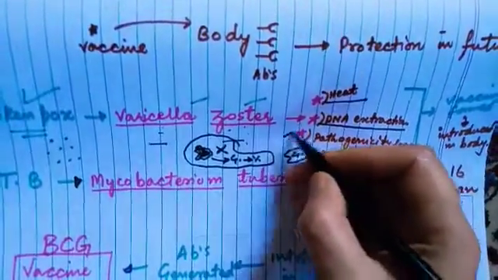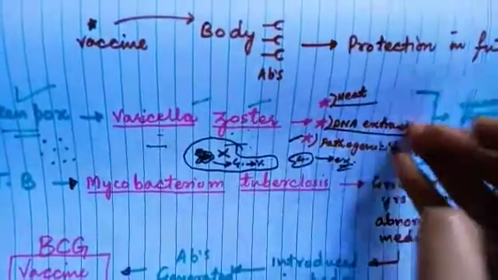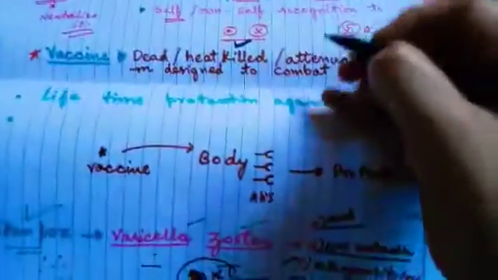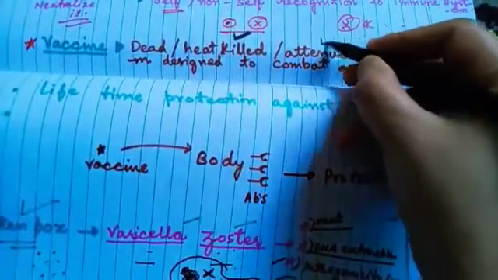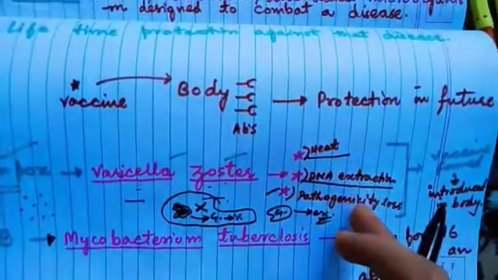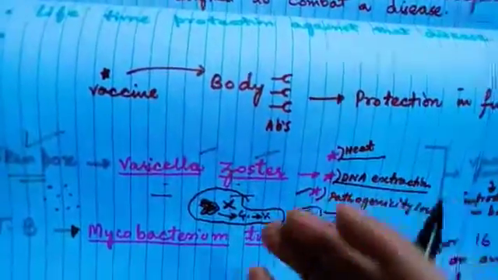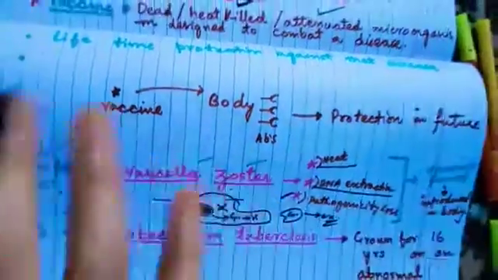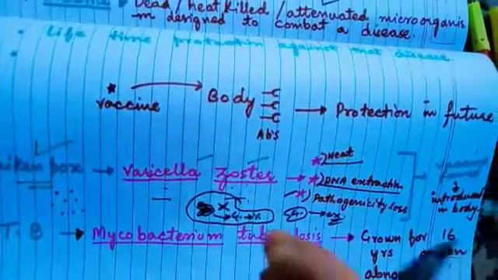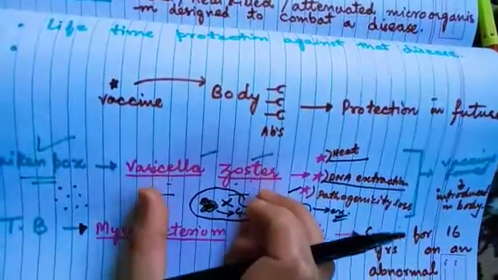Then the third: if we do not use these two methods, we go to pathogenicity loss. Pathogenicity loss means attenuation, which is a scientific term. This is the general mechanism for every vaccine, and I am explaining it with an example.